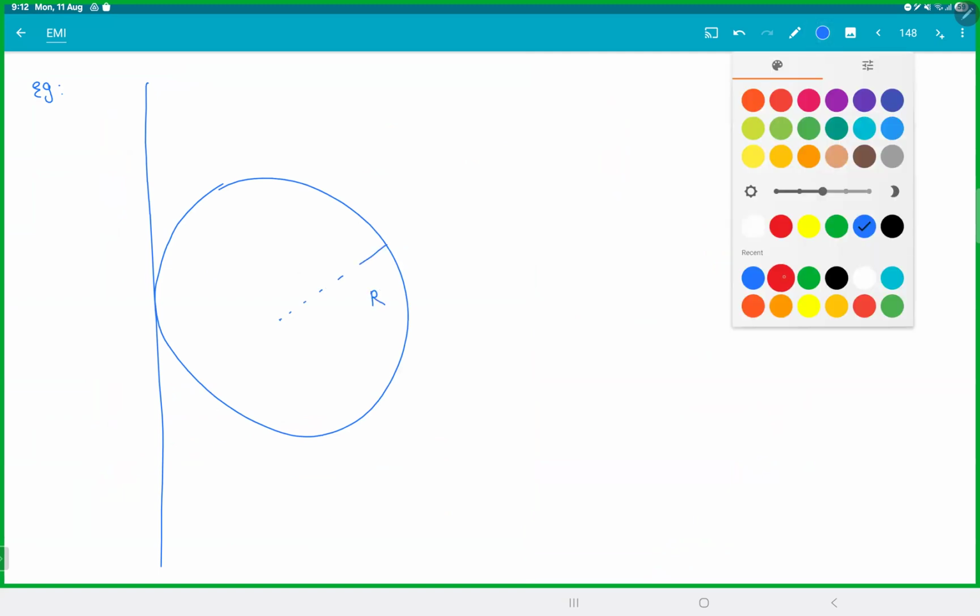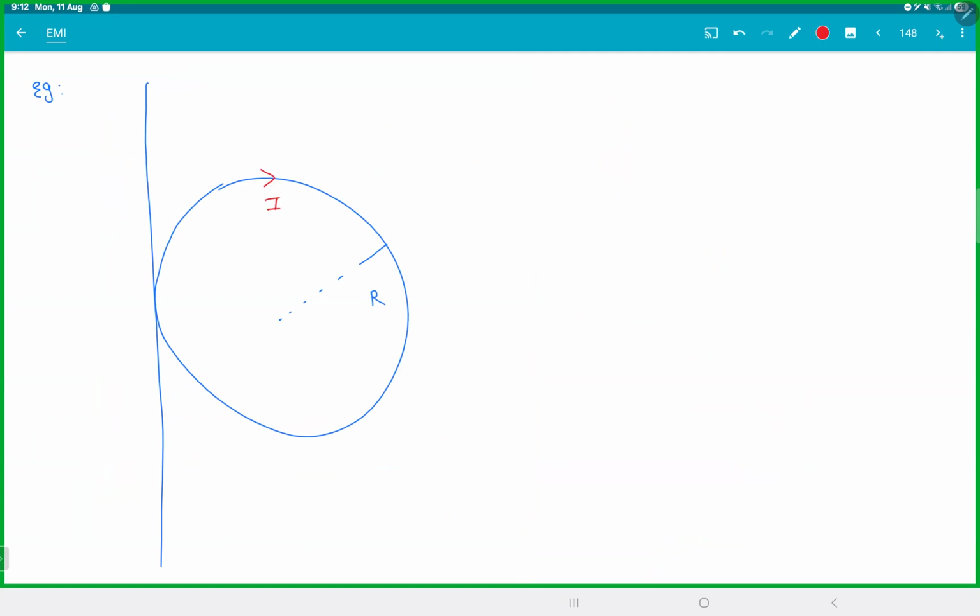Again, this is the same story. Current I is flowing in the circular ring. Find the flux in the infinite wire. And also find M, mutual inductance.